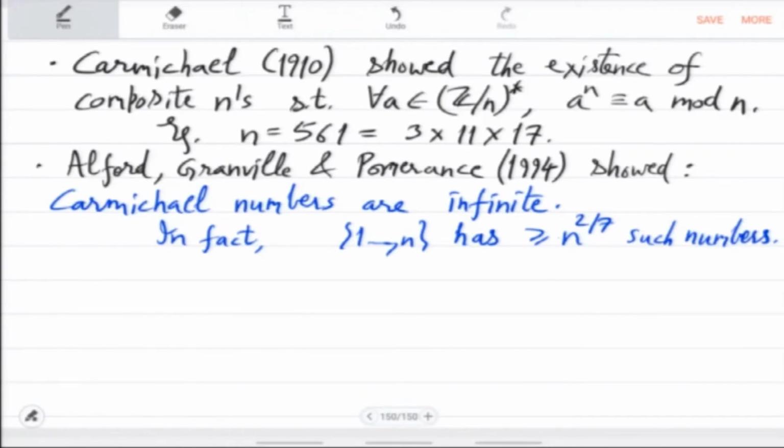Okay, so let's move to the first achievement, where mathematicians found a test that correctly works and identifies prime numbers. This is by Solovay and Strassen, as recent as 1974.